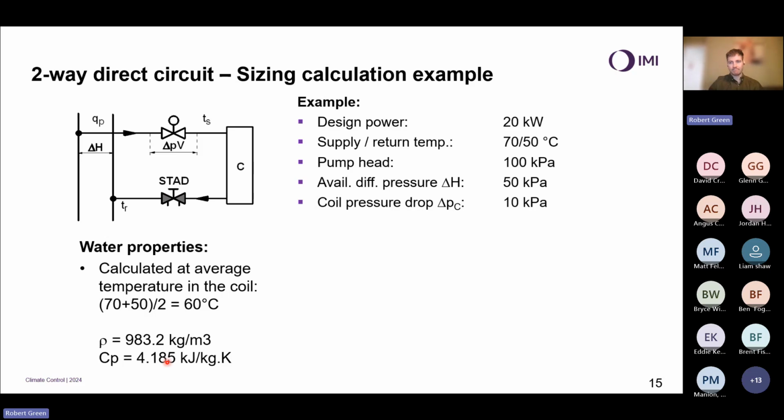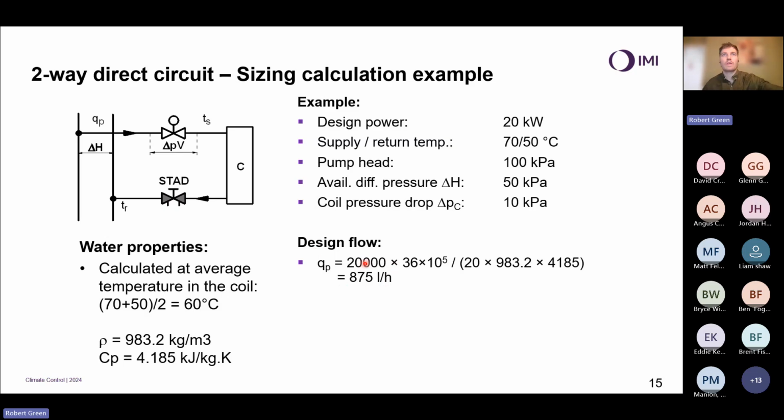From that, I can calculate a design flow. It is my design power divided by my differential temperature multiplied by my density multiplied by specific heat, with a couple of correction factors in there as well. And this calculates out at a design flow of 875 litres an hour.